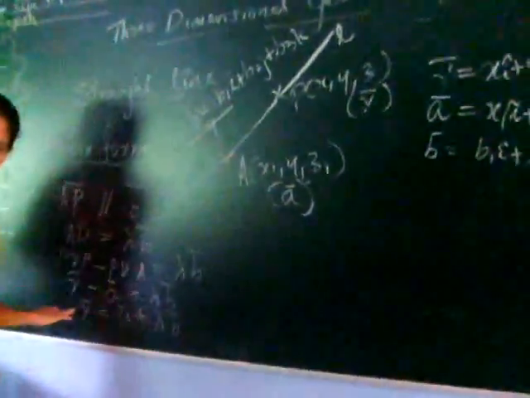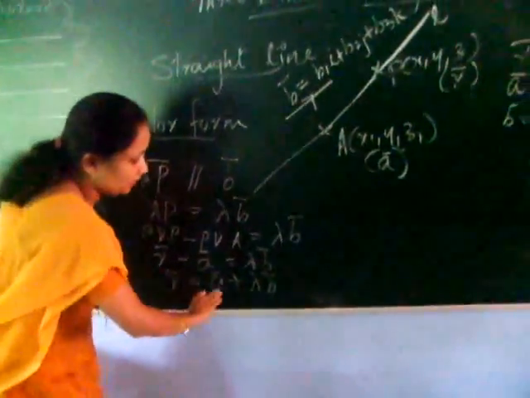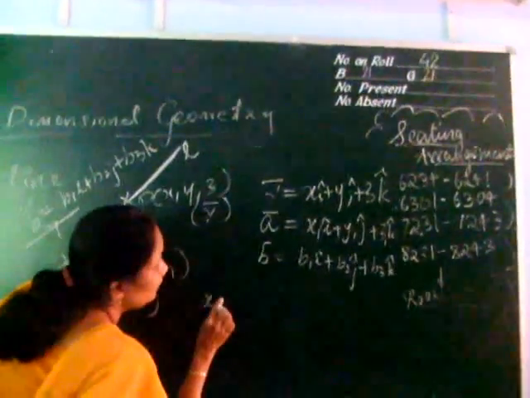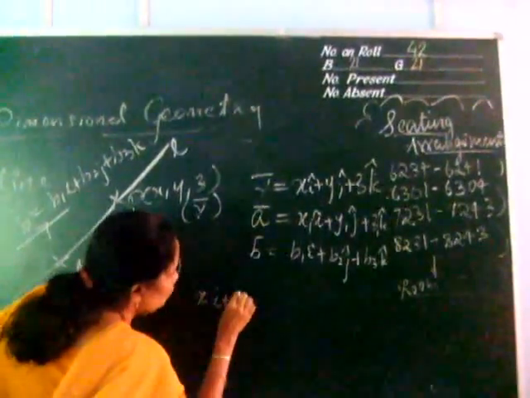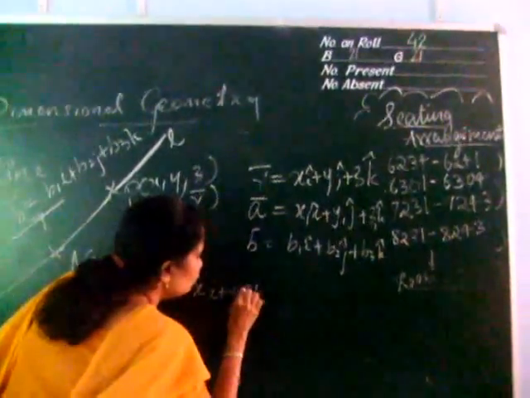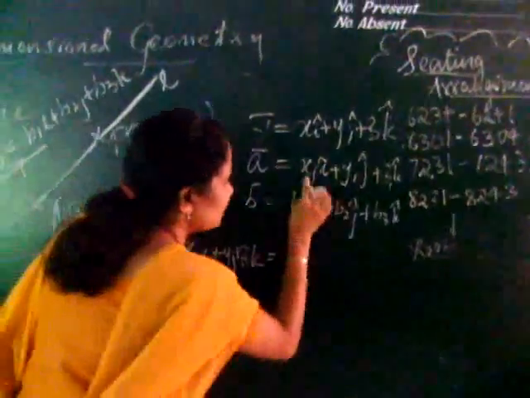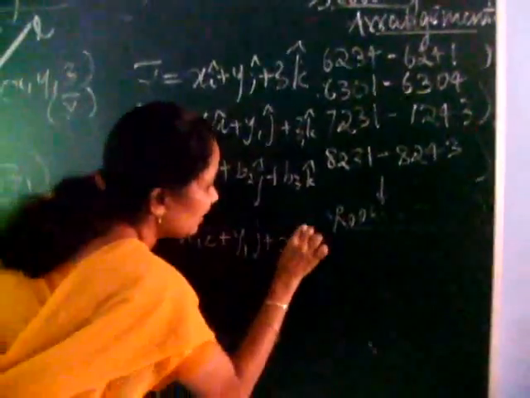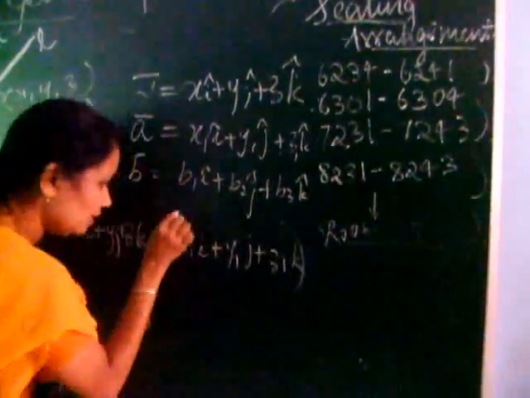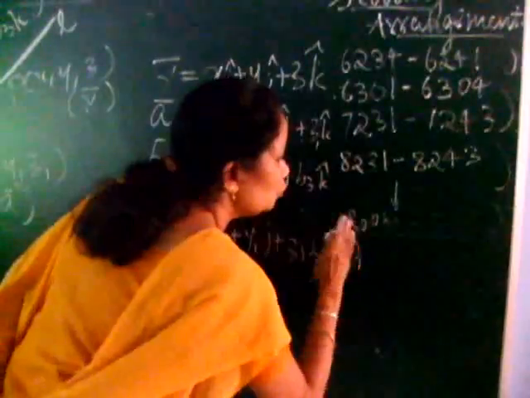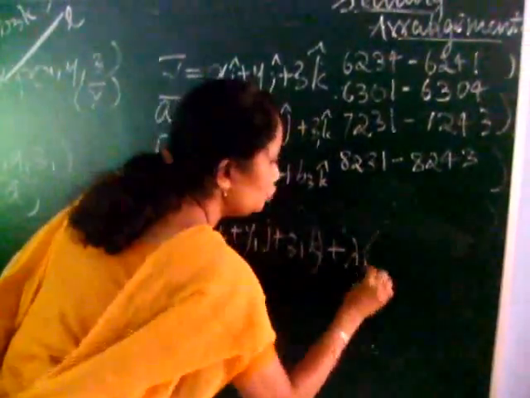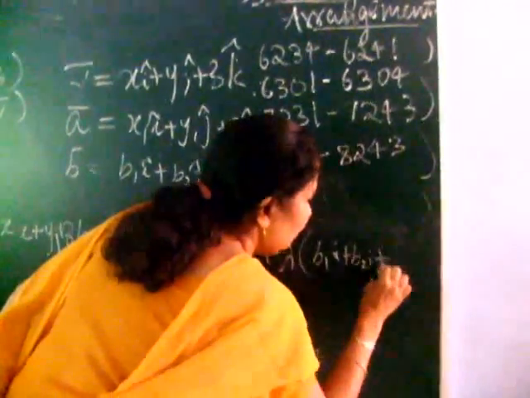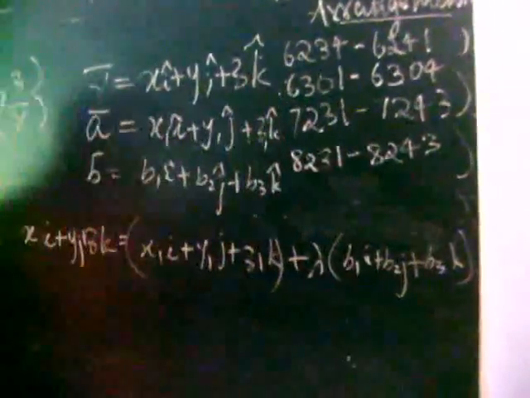So let us use this vector form of the equation of the straight line. R is equal to A plus lambda B, that is xi plus yj plus zk equal to A, which is x1i plus y1j plus z1k, in one bracket, plus lambda into b1i plus b2j plus b3k.